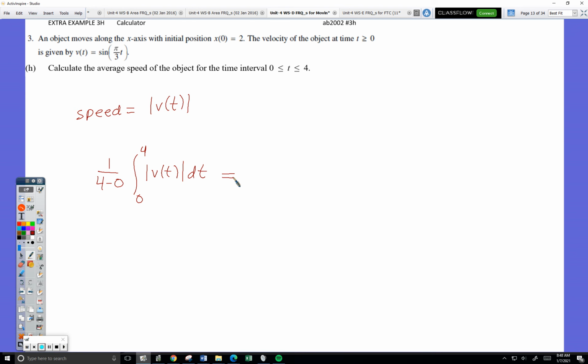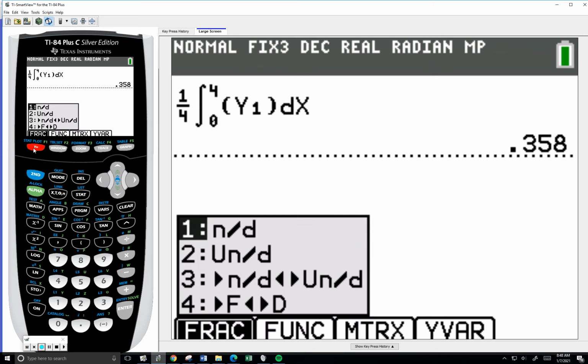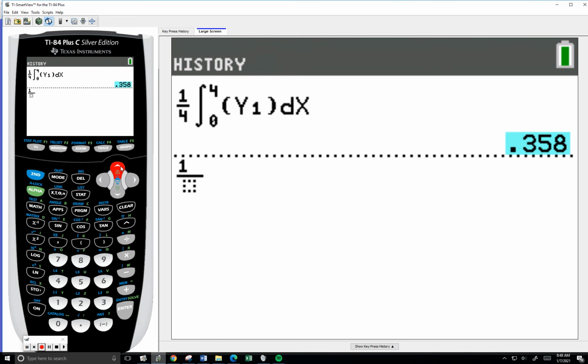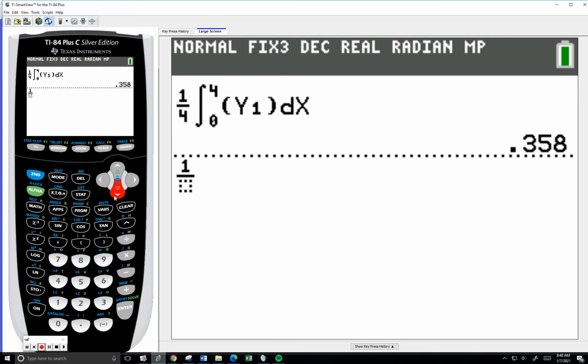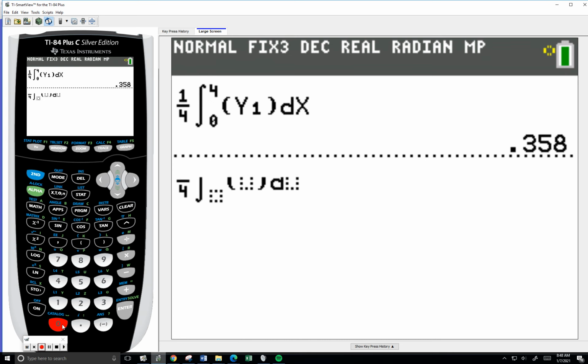Cool. Take out my calculator, type it in. Fraction. Math 9. Now I need the absolute value bars.